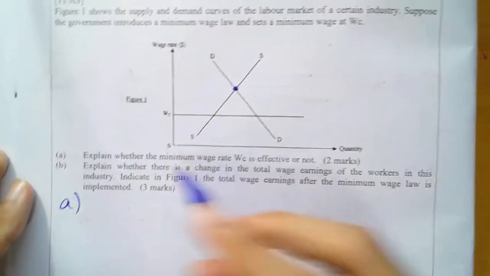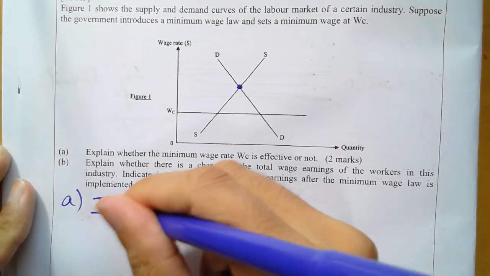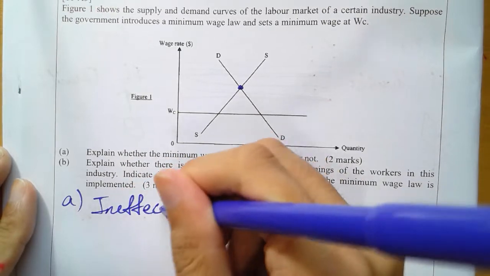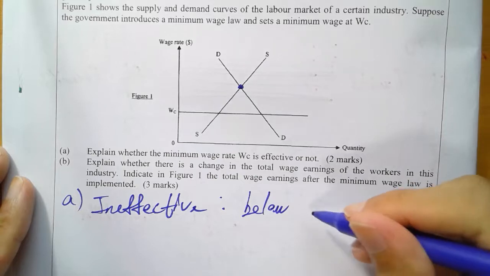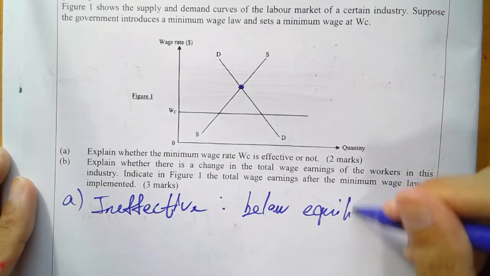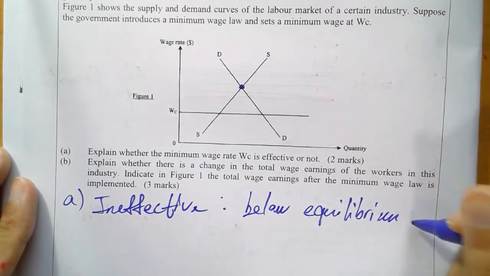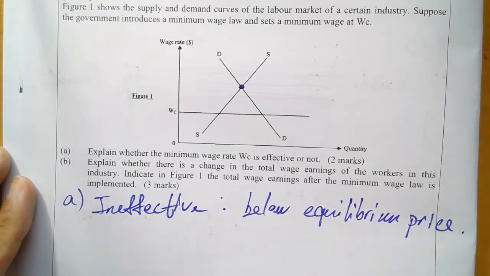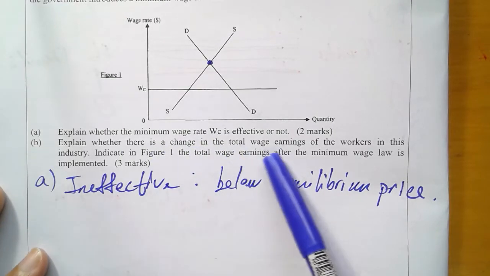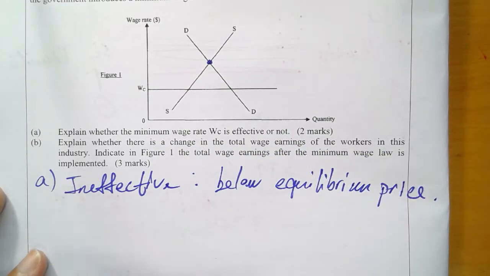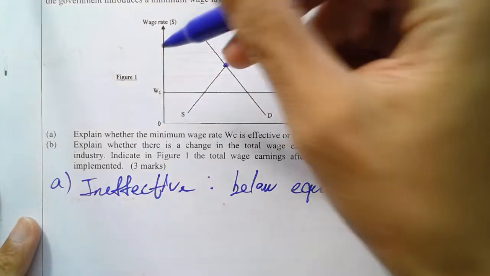Therefore, actually, it is ineffective for one good reason, because it is set below equilibrium price. 佢低過 equilibrium price 嘛，咁咪冇用咯，係咪？Therefore, whether there will be a change in total earning in this industry. Now, think about it.